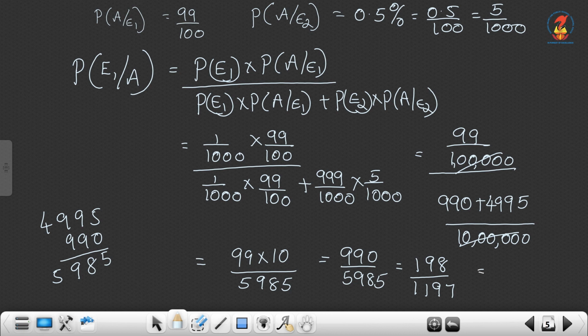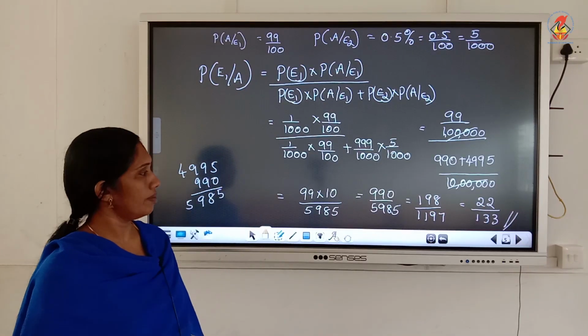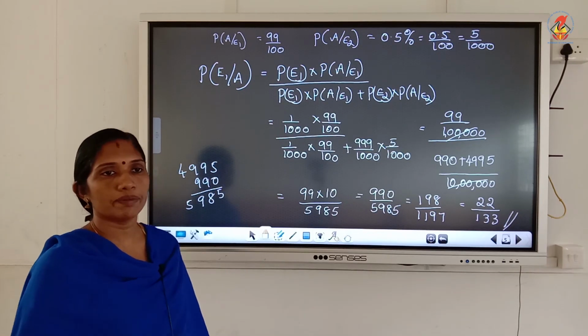Then divide by 9: 198 by 9 is 22, and 1197 by 9 is 133. So 22 by 133. That is the required probability.